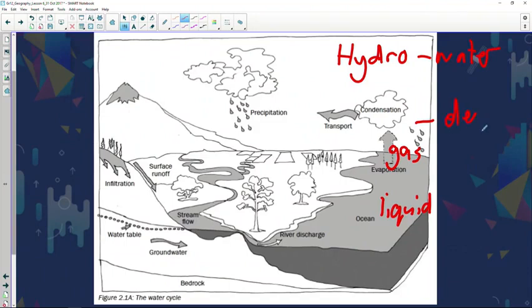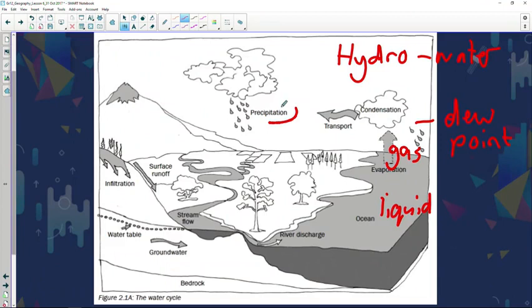It reaches dew point temperature. And what happens at dew point temperature? Condensation. Condensation takes place, and that gas turns back into water droplets. And eventually when these clouds are heavy enough, we experience precipitation: rain, hail or snow.